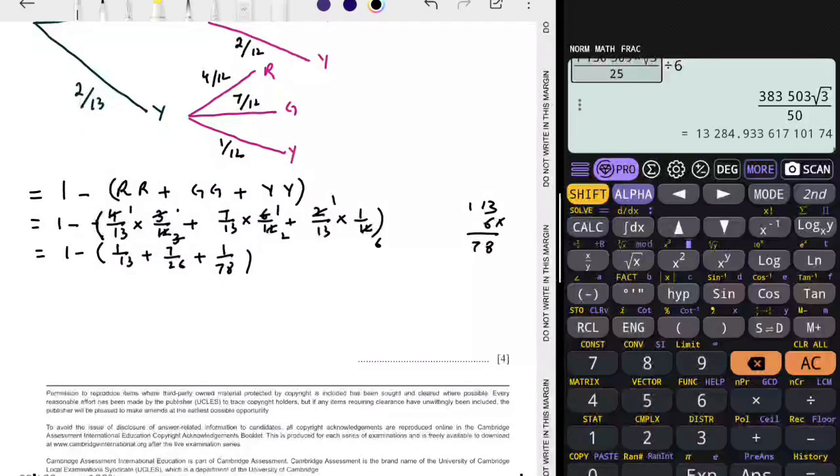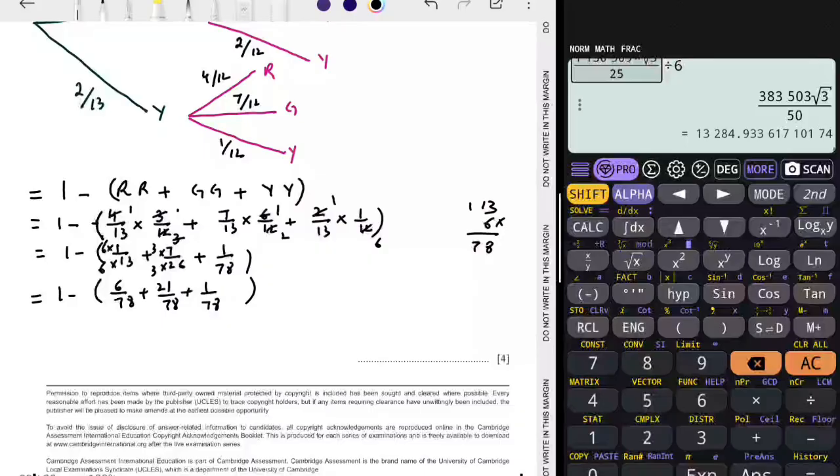Now we have to take the LCM. If we multiply 26 by 3, we get 78. We have to make their denominators the same, and if you multiply 13 by 6, we get 78. So we have to multiply 6 on the upper side and lower side. It would be 6 over 78 plus 21 over 78 plus 1 over 78.